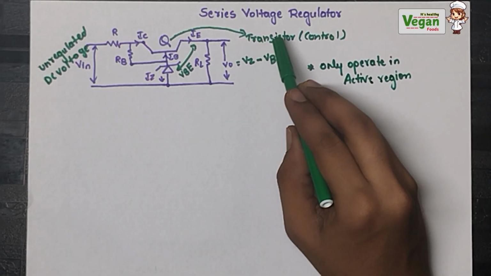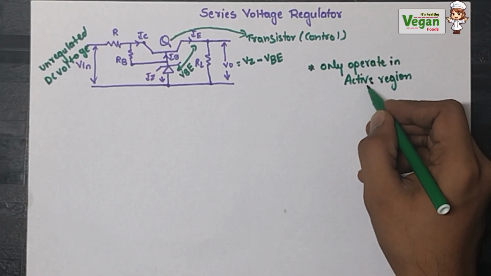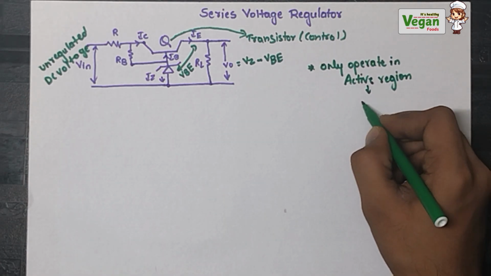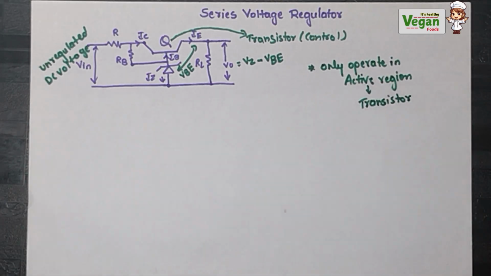Because we are using a transistor to design the series voltage regulator, and the transistor does its operation only in the active region, the series voltage regulator will also operate in the active region itself.